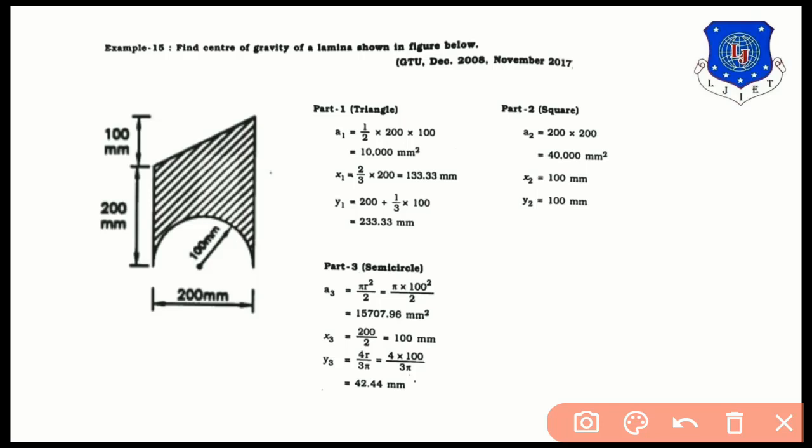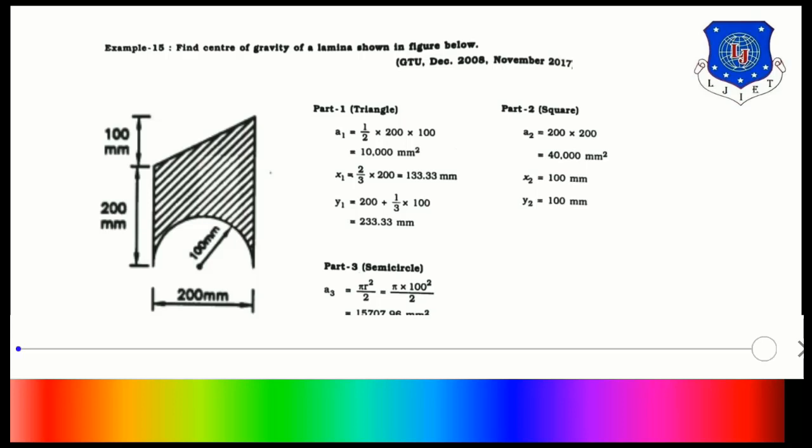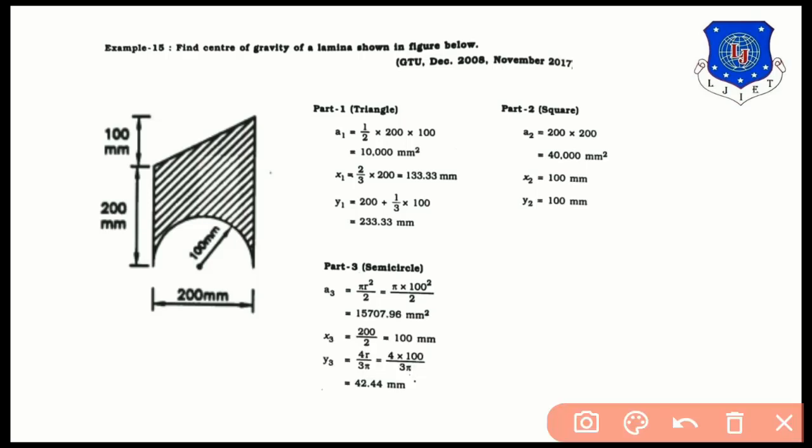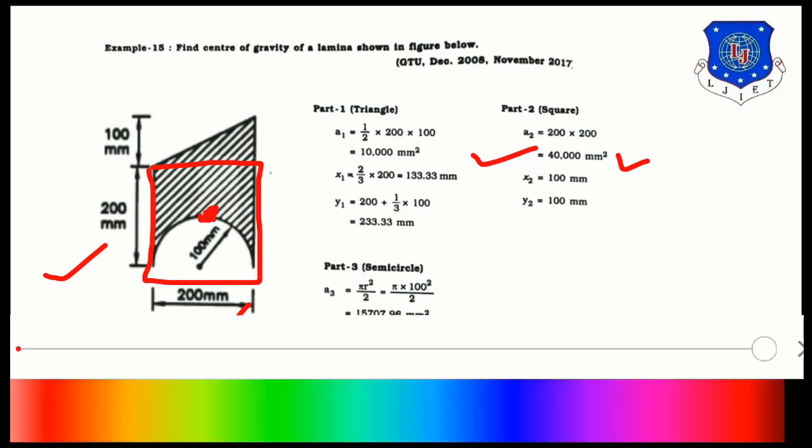Now let us check the part number 2. In the part number 2, we can see it is a square of side 200 mm each. So square is having area side cross side, means 200 cross 200 is equal to 40,000 mm square. Now let us talk about CG. CG of the square will be exactly at the center, at the midpoint.